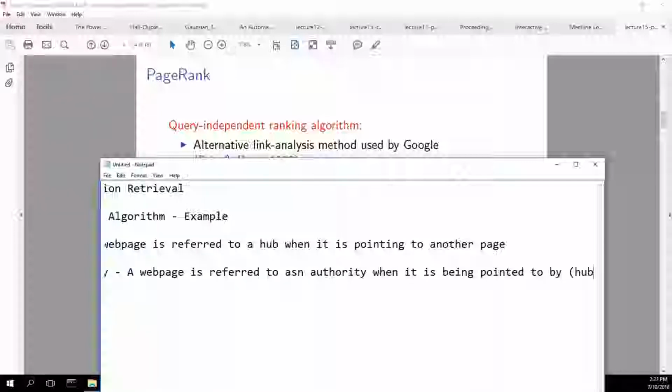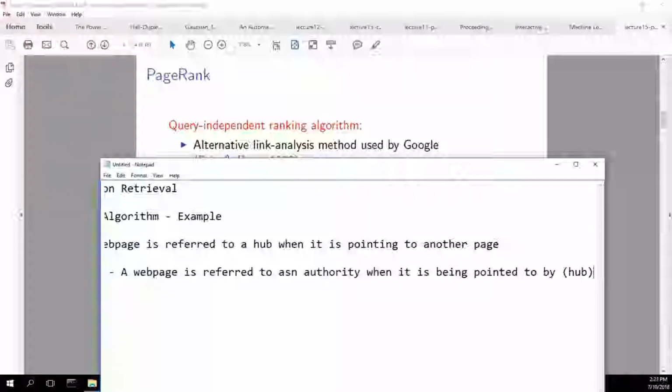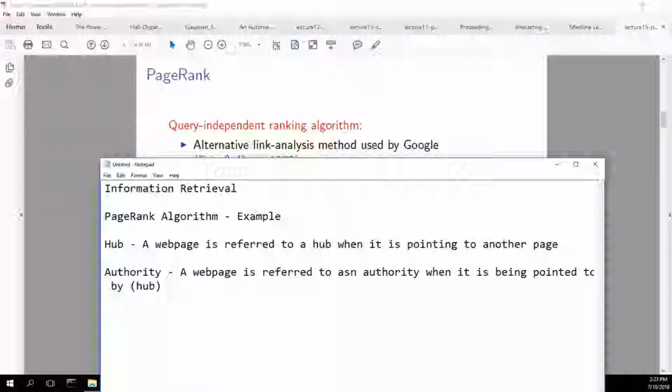So when it is being pointed to by a hub, you refer to that page as an authority.